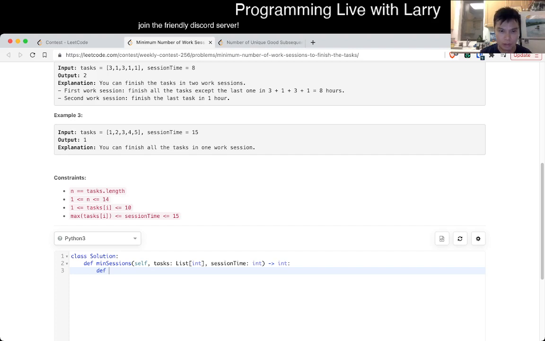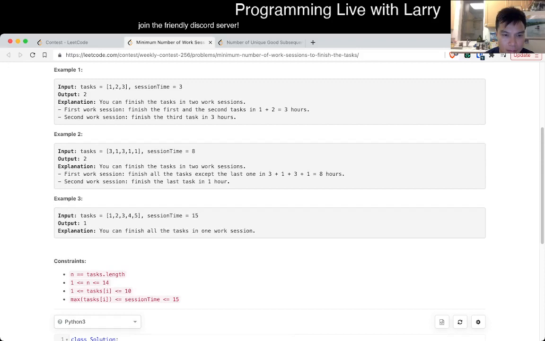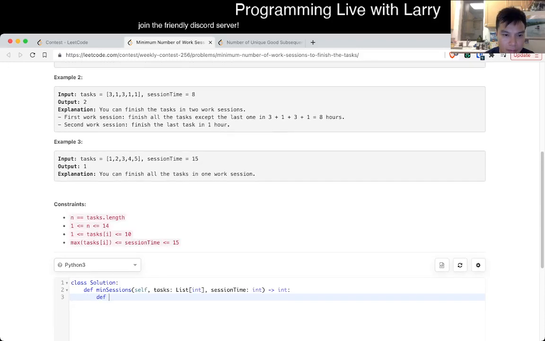What's 3 to the 14? It's kind of tight though. Session time is at most 15. Well, I mean, this is obvious. Oh no, okay, maybe not.